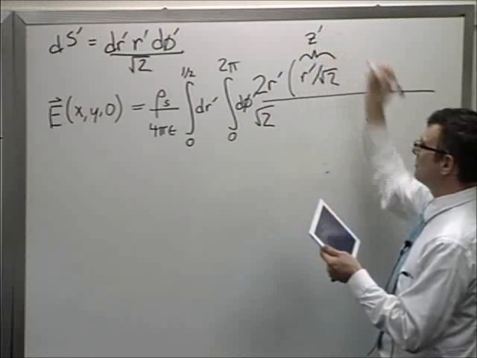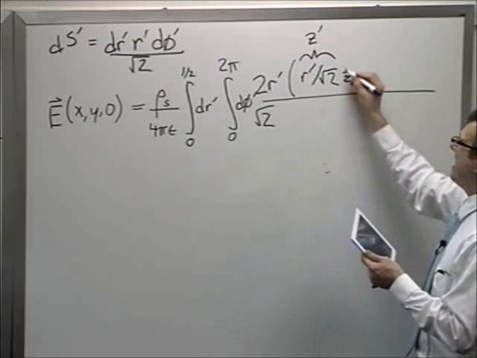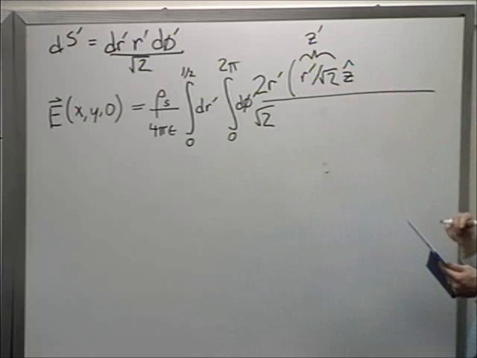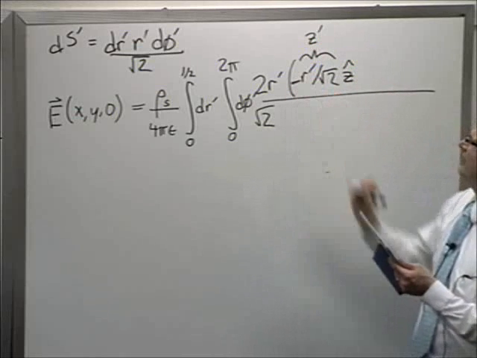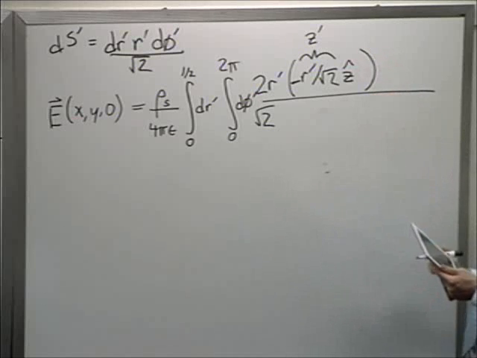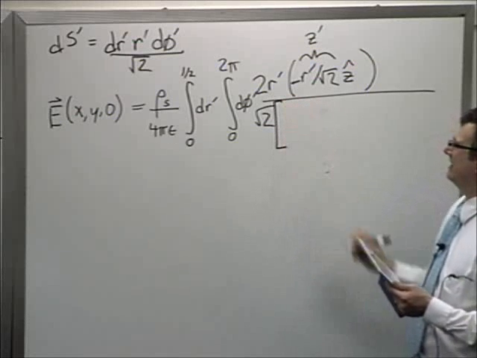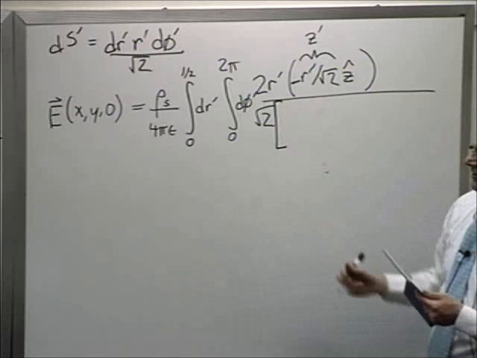This is my z prime. That's on the z hat direction, and there's a minus sign in front of it according to that integral. That's the only component, the vector component, that does not evaluate to 0 in the total integration.